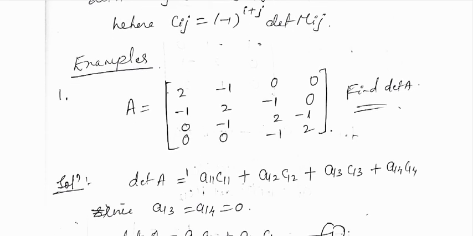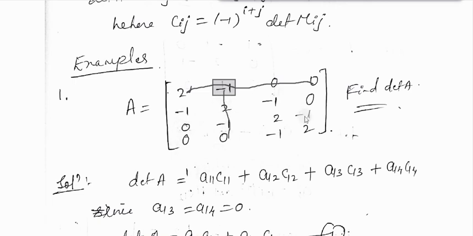To consider the minor matrix of this cofactor entry minus 1, I have to delete this row and this column.